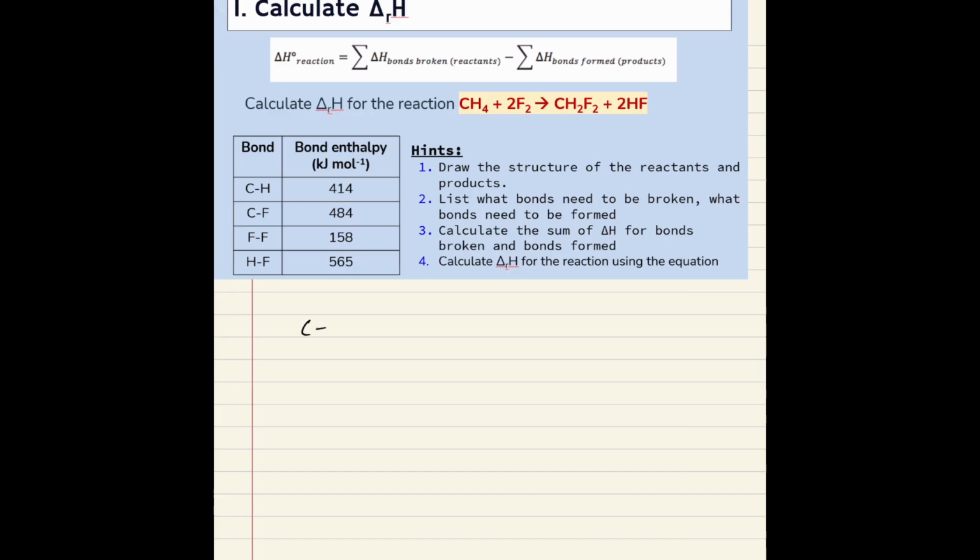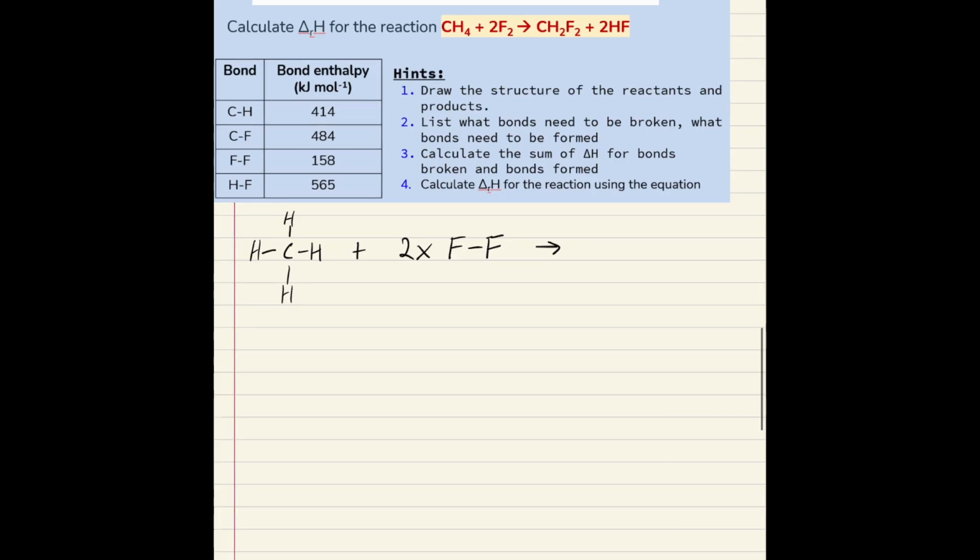So we've got CH4 plus two F-C-Fs, and then I have CH2F2 and two HFs. Those are all of my bonds. I can see all of them, I can count all of them.